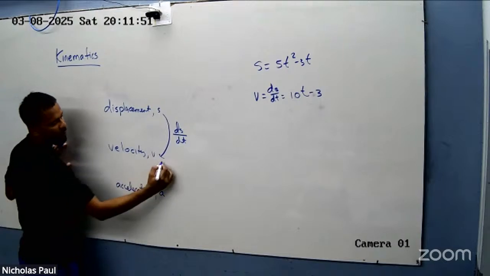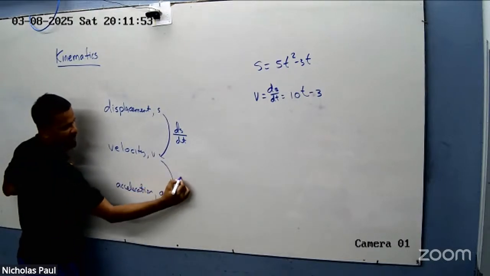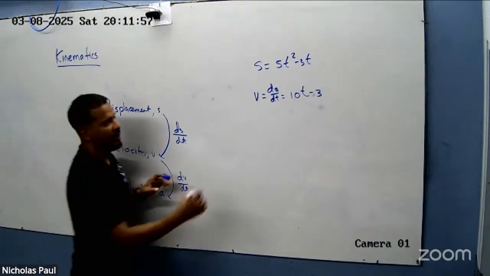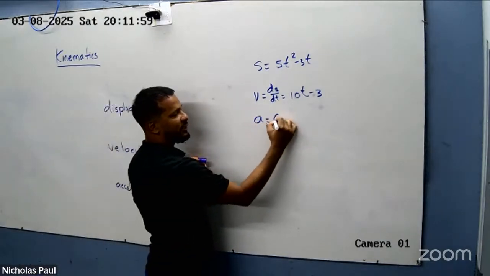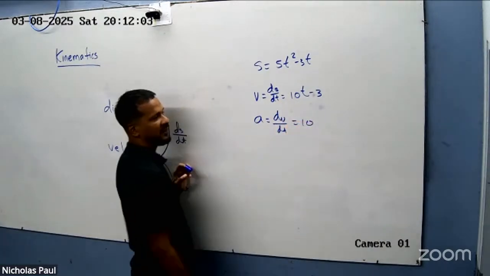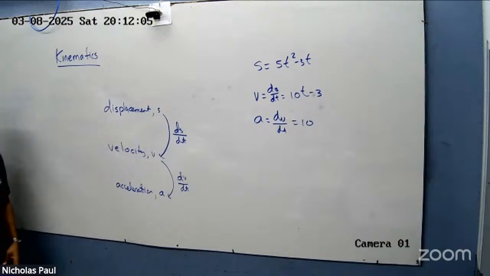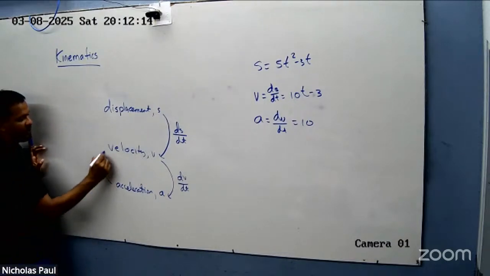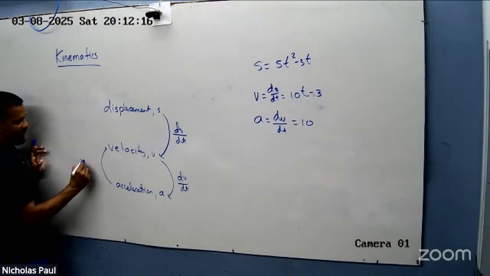So we went from an equation of displacement to velocity. And of course, velocity to acceleration, you differentiate velocity with respect to time. And if you differentiate to go down, to go up, what will you do? Integrate. So to find velocity, you integrate acceleration with respect to time.